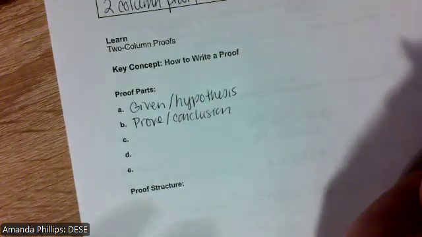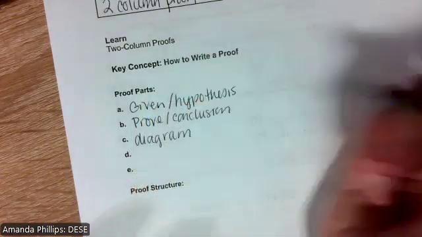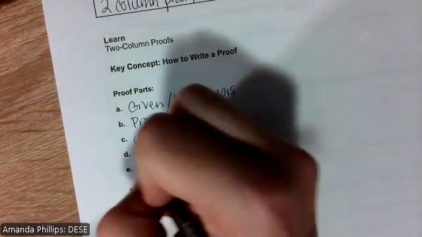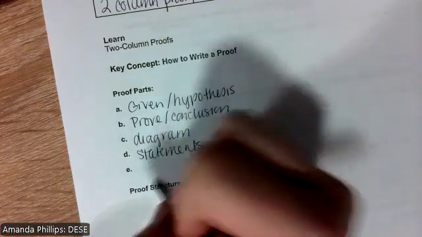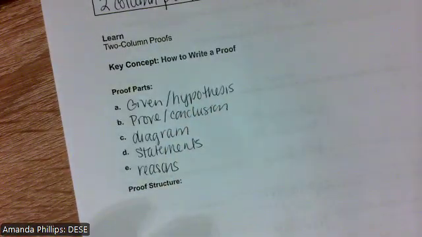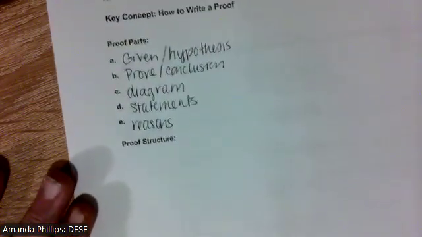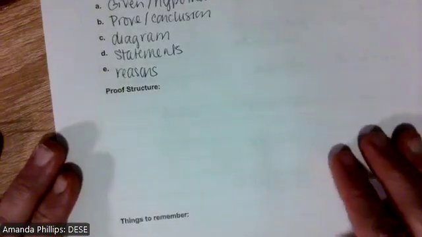Okay. Also, a lot of times there will be a diagram involved. There will be statements and there will be your reasons, also known as your justifications, right? So if we are going to know that all these parts are present, here's what they generally look like.